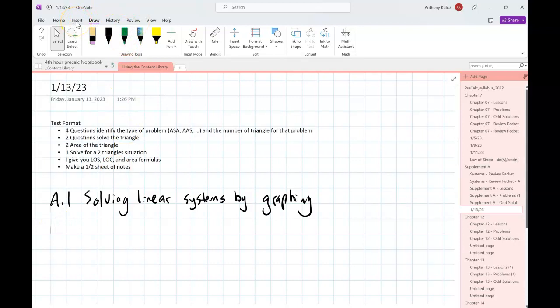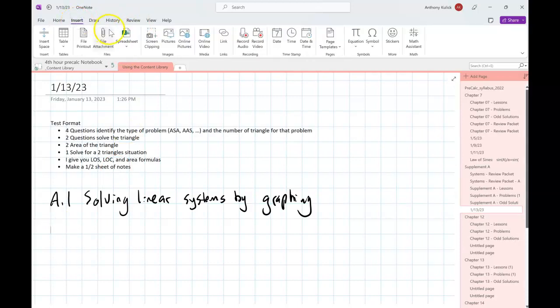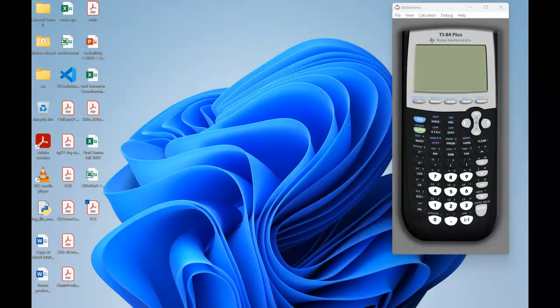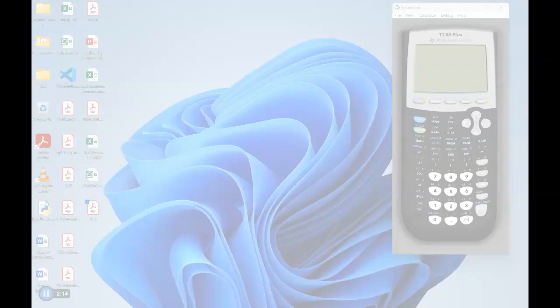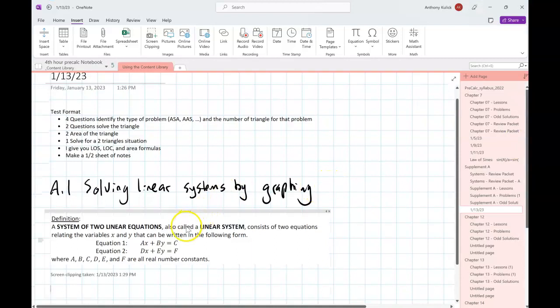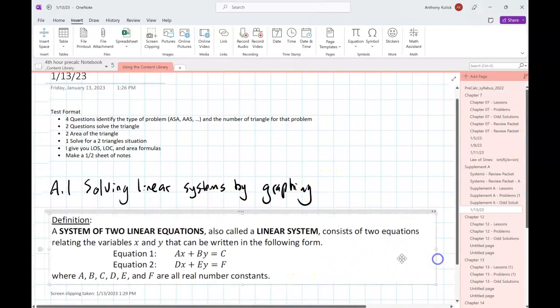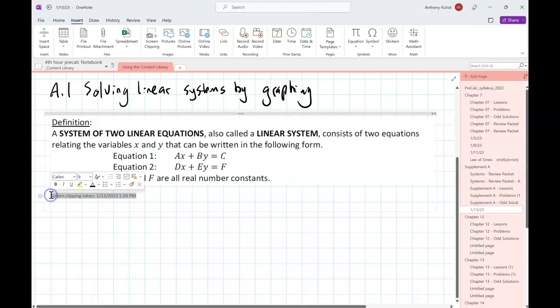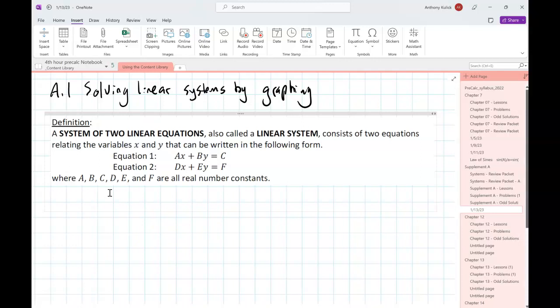So we want to start first by defining what we mean by a system of two linear equations. So when I say a system of two linear equations, I mean that I have two equations that relate to variables x and y that I can write in the form ax plus by equals c for equation 1, and for equation 2, dx plus ey equals f, where those a, b, c, d, e, and f are just constants, right?